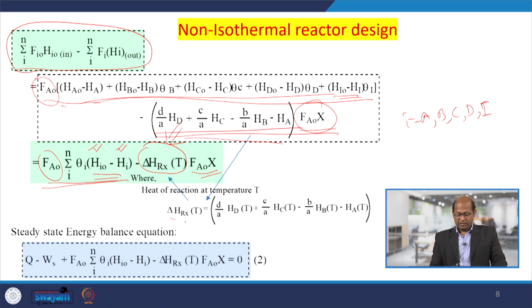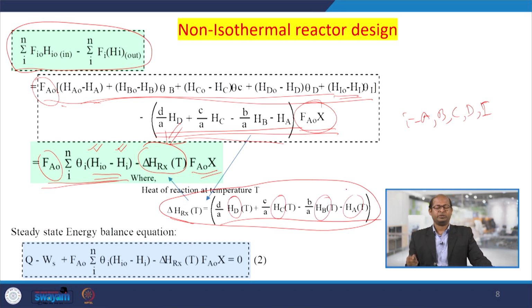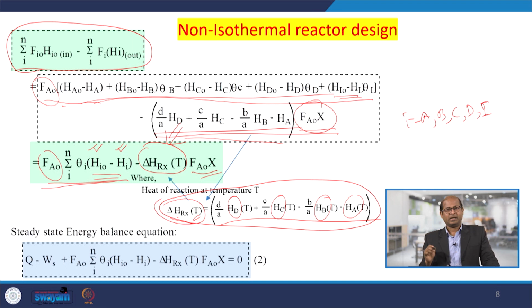Here this is the heat of reaction at temperature T, that is delta H Rx(T) equals this, the enthalpy changes for components D, C, B and A. If we know the individual component enthalpy at that particular temperature for this particular reaction, then the change of enthalpy for the reaction at that temperature would be this.